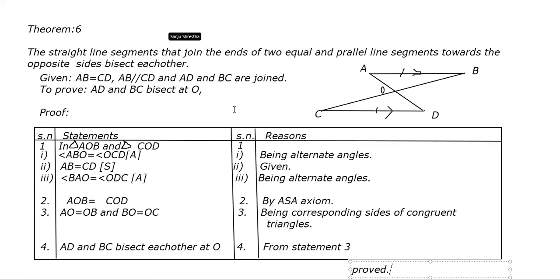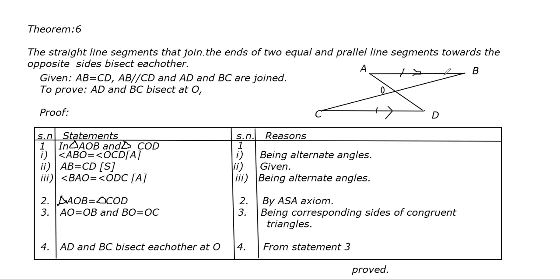Okay, first of all, take two equal and parallel lines, AB and CD. Now join them on the opposite side. Previously we joined the same side, now here opposite sides, BC and AD. Prove them congruent.